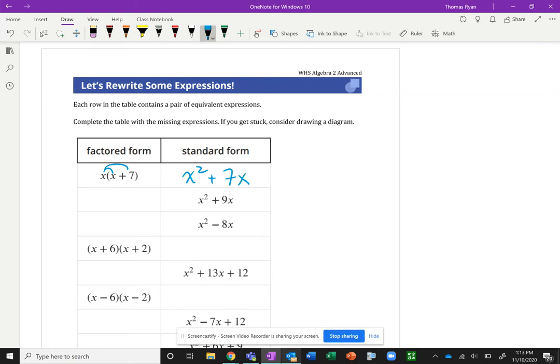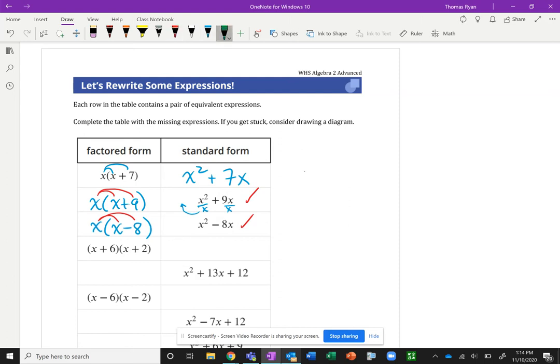And if we wanted to go backwards, we would divide out this x and slide it in front. So we'd have x times x plus 9. Or same thing down here, x times x minus 8. And we could always go back and check it, right? X makes x squared, 9x, checks out. X times x squared, x times negative 8, negative 8x.